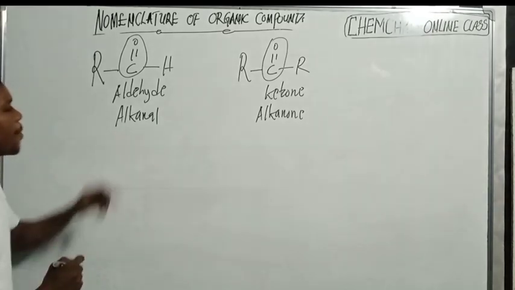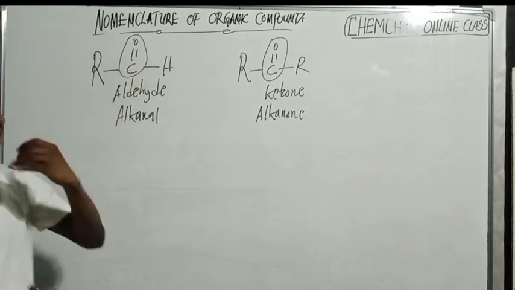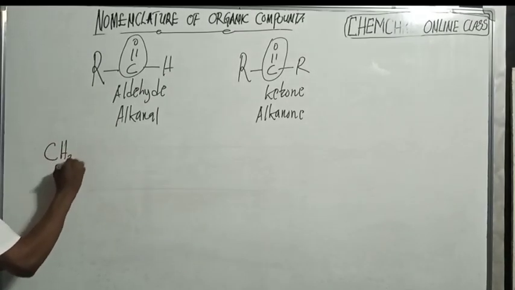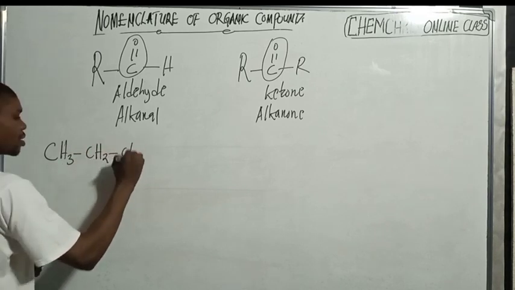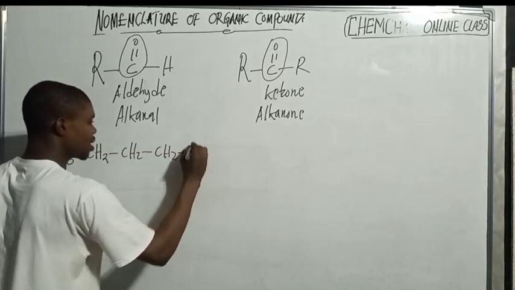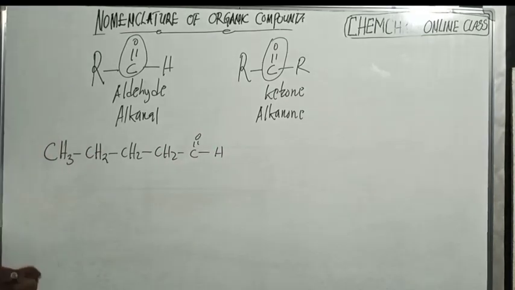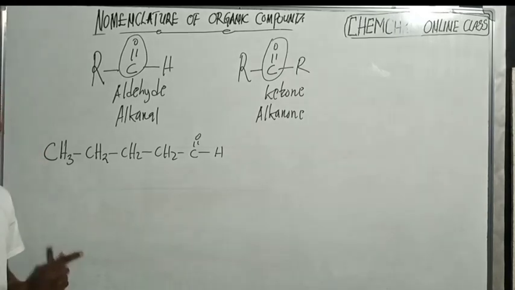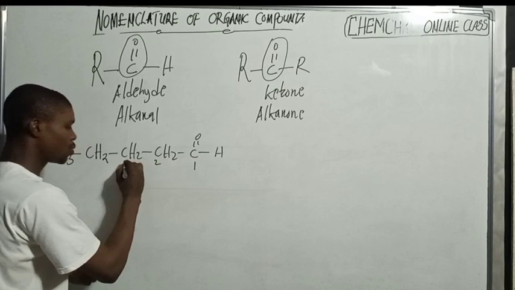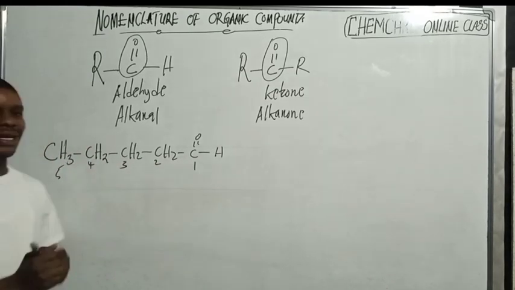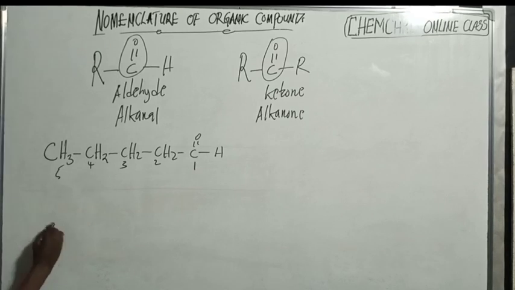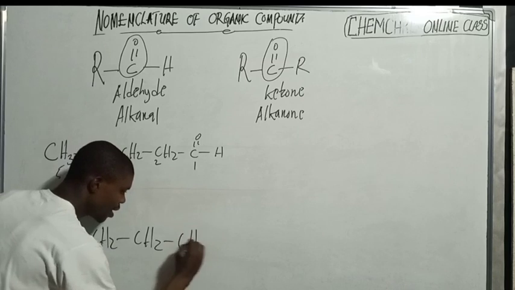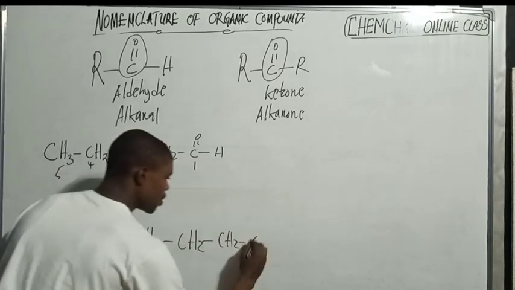Now this carbon atom here, the functional group is always at the starting point, or at the extreme. A good example: CH3, CH2, CH2, CH2, C. This is the functional group here. In an alkanal or aldehyde, the functional group is always carbon 1: 1, 2, 3, 4, 5. It's always at carbon 1, even when you have something like CH3, CH2, CH2, CH2, CH2, CH2.